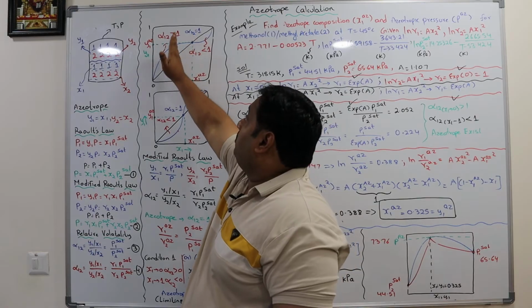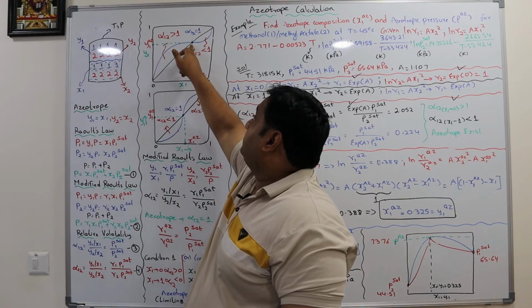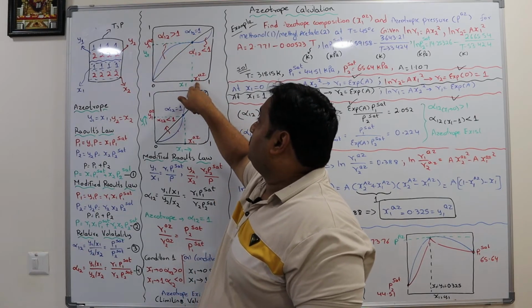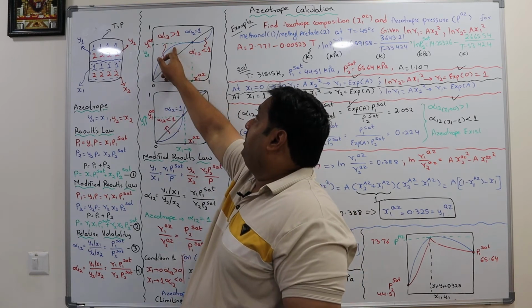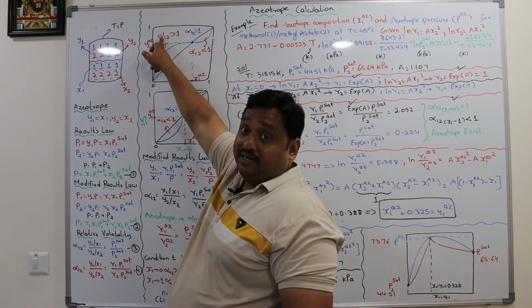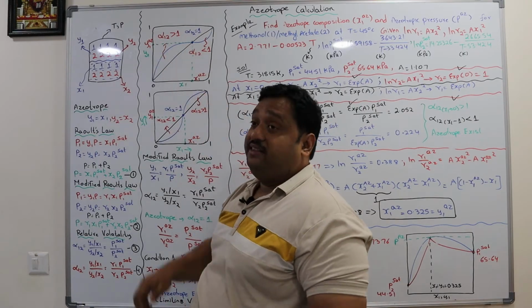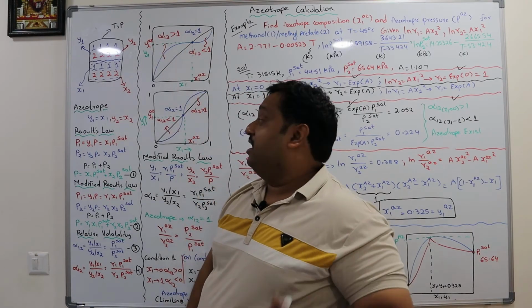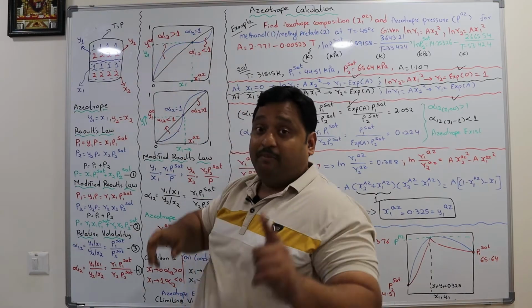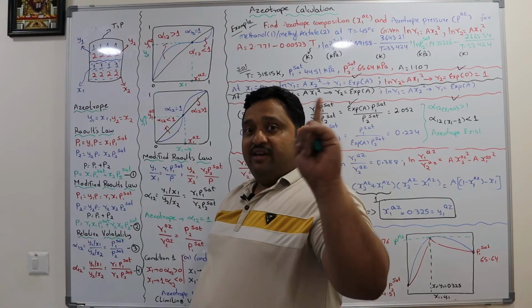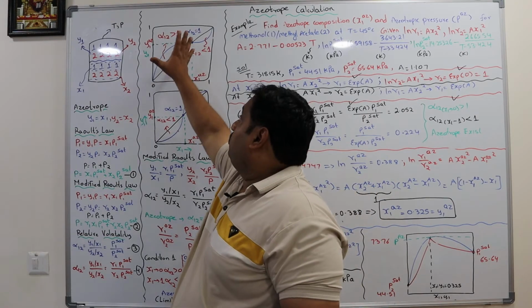So at this point, which is the X1, Y1 azeotrope, on the left-hand side the relative volatility will be greater than 1, on the right-hand side it will be less than 1, and exactly at this point the relative volatility will be equal to 1. Wherever the relative volatility equals 1, an azeotrope is going to form.